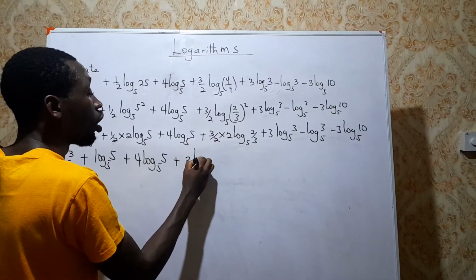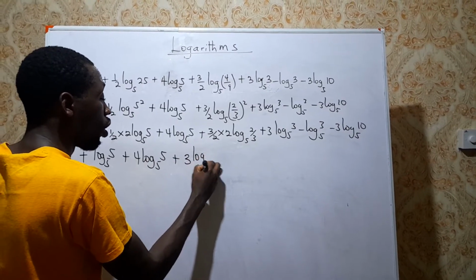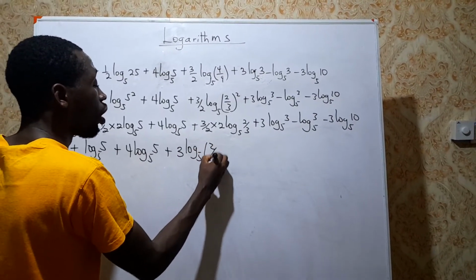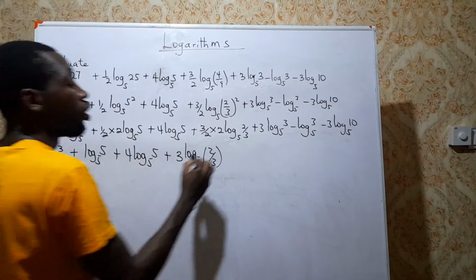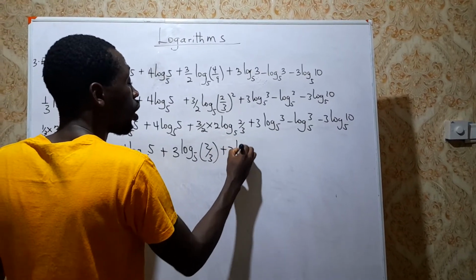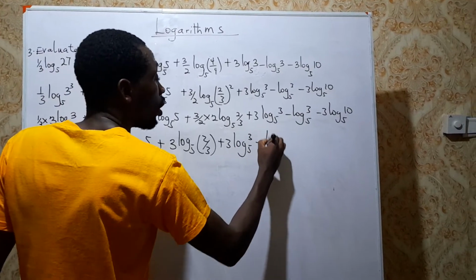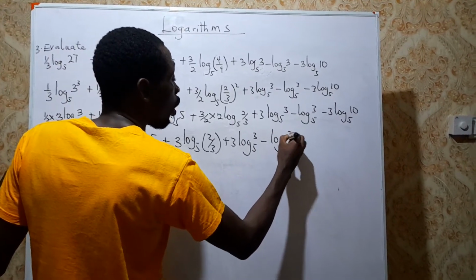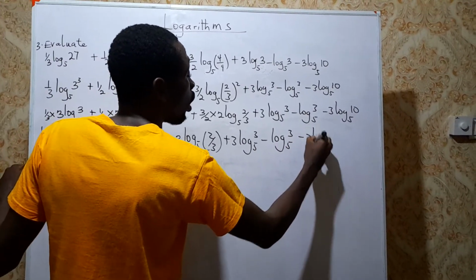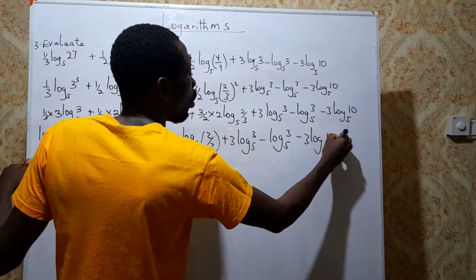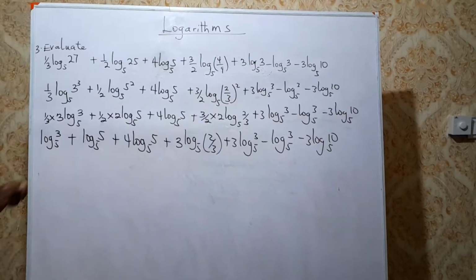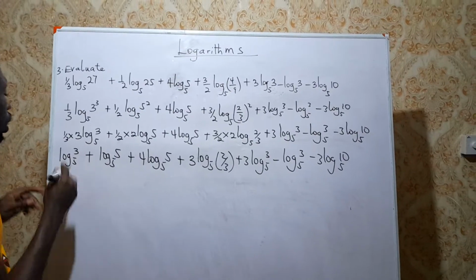So we have 3 log 2 over 3 base 5, then plus 3 log 3 base 5 minus log 3 base 5 minus 3 log 10 base 5.